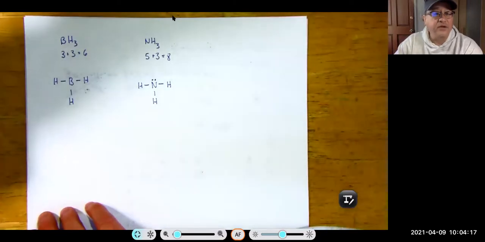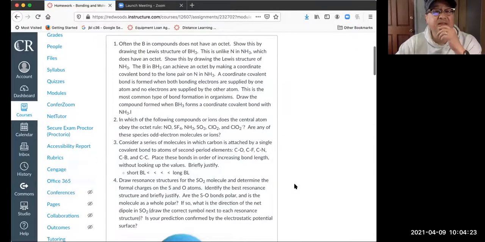Okay, so I'm going to go back to the homework so we can look at the rest of the problem. The boron in BH3 can achieve an octet by making a coordinate covalent bond to the lone pair of nitrogen in NH3. A coordinate covalent bond is formed when both bonding electrons are supplied by one atom and no electrons are supplied by the other atom.